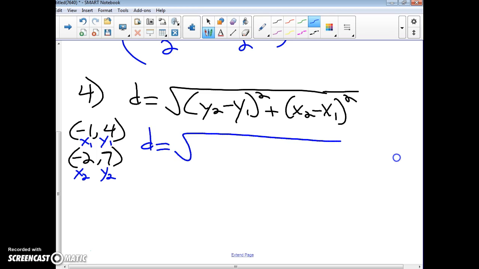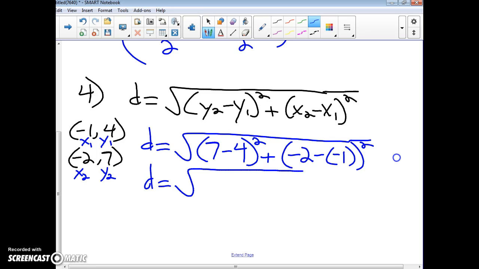Plugging in what I have, square root, my y sub 2 value is 7, minus my y sub 1 is 4 squared, plus my x sub 2 value is negative 2, minus my x sub 1 value is negative 1.